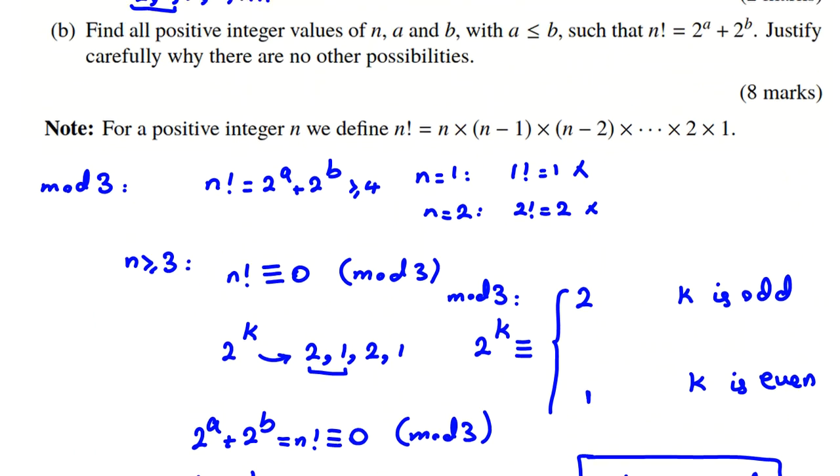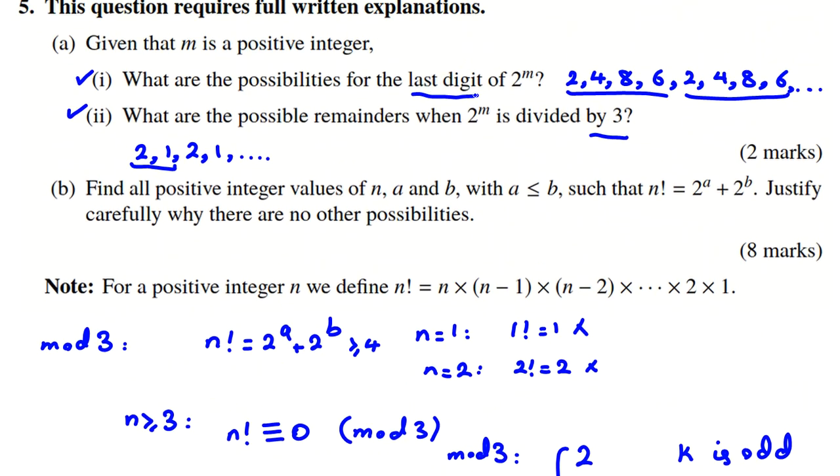Now let's consider the last digit. The last digit is the remainder when divided by what? It is mod 10. The last two digits are the remainder when divided by mod 100.